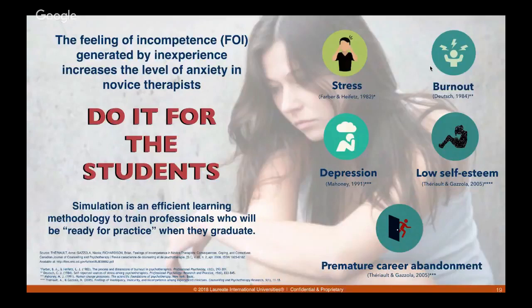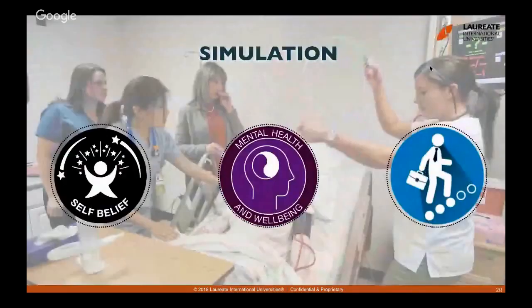And what I want to tell you is that, according to our experience, simulation is an efficient methodology to train professionals who will be ready for practice when they graduate. That way, we will increase self-belief, mental health, well-being, and professional success for our students.